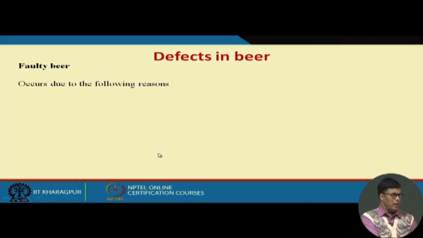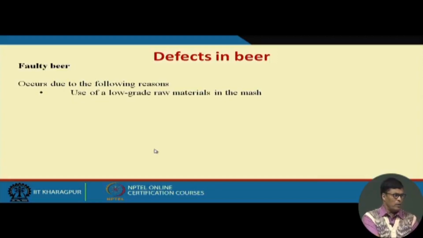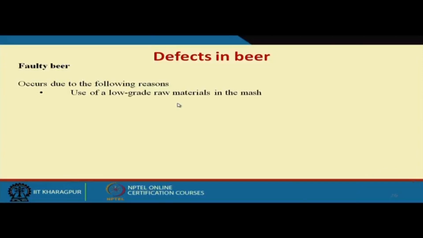But another very important defect of beer is the faulty beer. This is due to the use of low grade raw materials in the mash. If the quality of the raw materials is very low, particularly the quality of the barley grains is poor, then there is the possibility of these defects in beer.